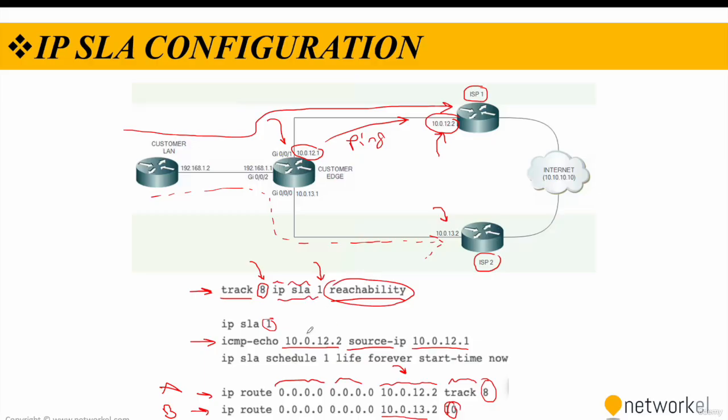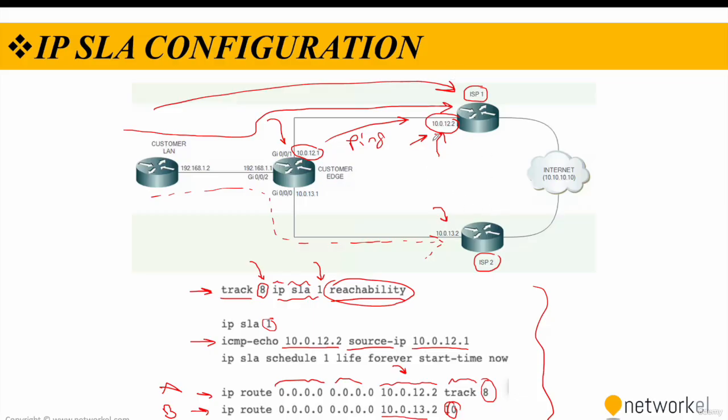So what is IP SLA 1 checking? It is sending a ping to this IP address. To make a long story short, if the ping that this customer edge router sends to 10.0.12.2 is successful, the customer local area network will prefer ISP1 to reach the internet.